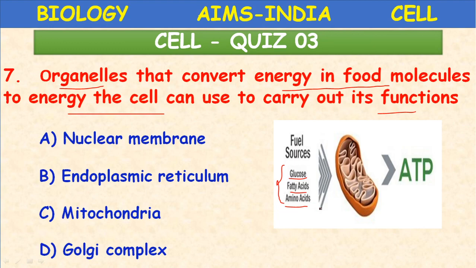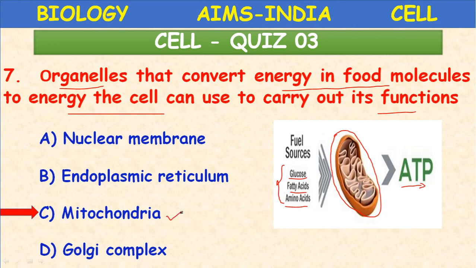This is done in the organelle. What is this organelle, children? And where is this chemical energy converted into metabolic energy in the form of ATP, adenosine triphosphate? This is also called energy currency. Yes, you are right.